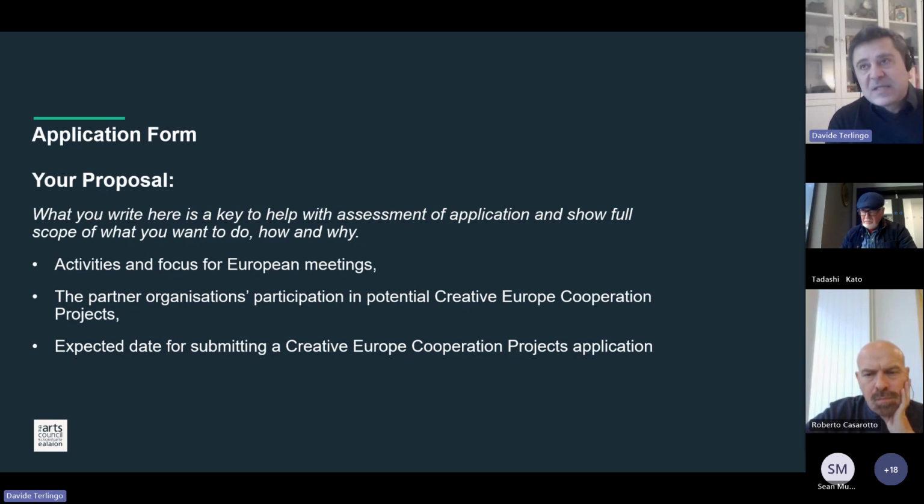And also give a sense of the timeline: to what stage your plans have developed, and when you expect to submit the Creative Europe application.